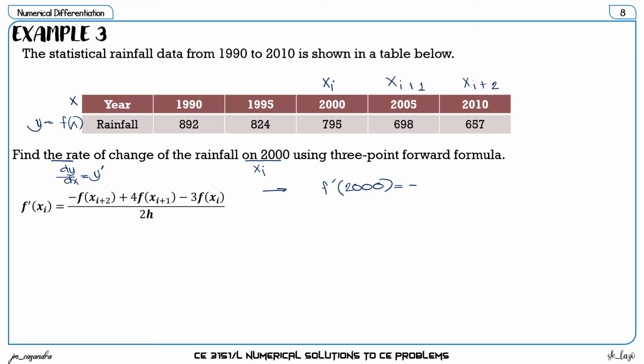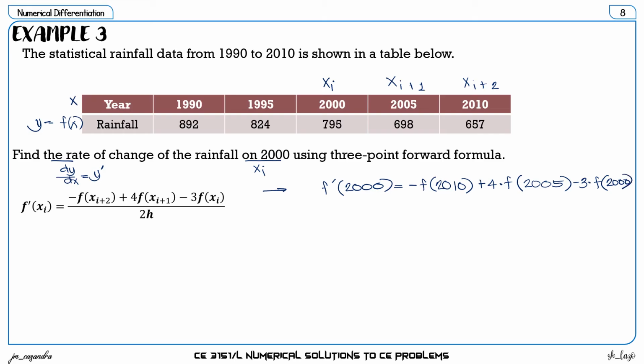So xi plus 2 will be the function of 2010, plus 4 times the function of xi plus 1, that's year 2005, minus 3 times the function of xi, which is year 2000.